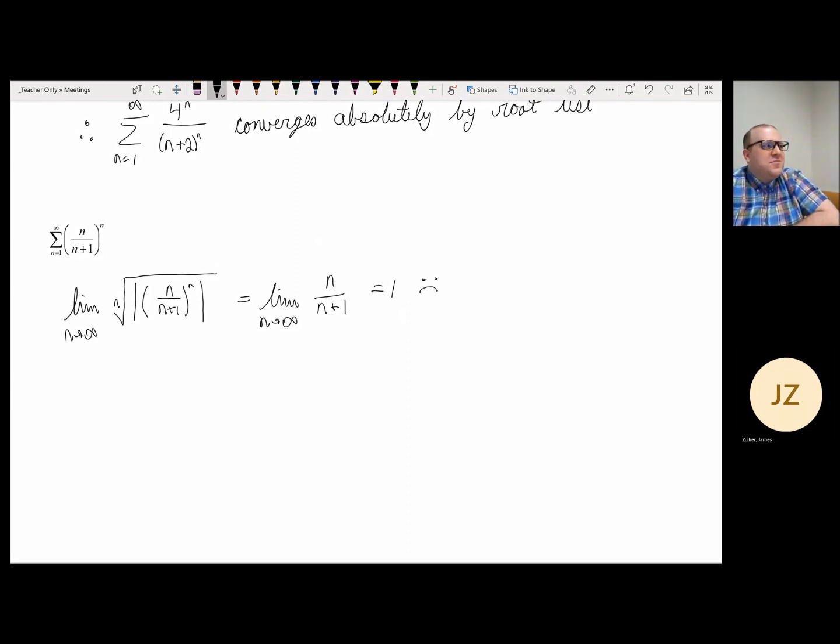It is going to diverge, but not from this. The test fails. That means we have to try something else.